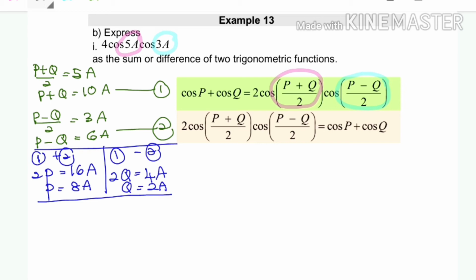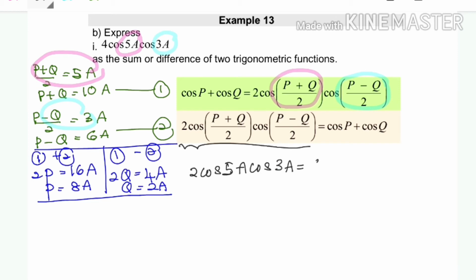Next, we follow the right side here: 2 cos (P plus Q)/2, which is 5a, times cos (P minus Q)/2, which is 3a, equals cos P, which is 8a, plus cos Q, which is 2a.